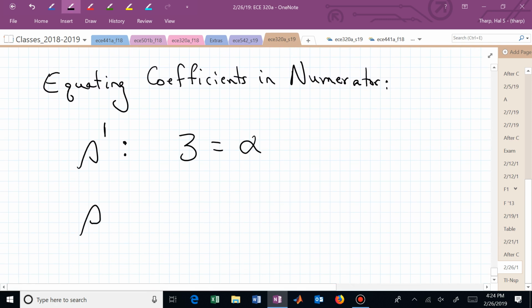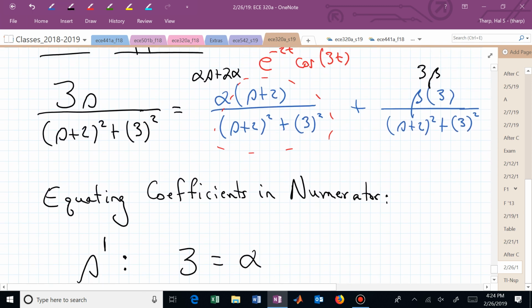Well, I find the coefficients associated with everything that's scaling s to the 0. Here was s to the 1. Here is s to the 0. And on the left, what is that?